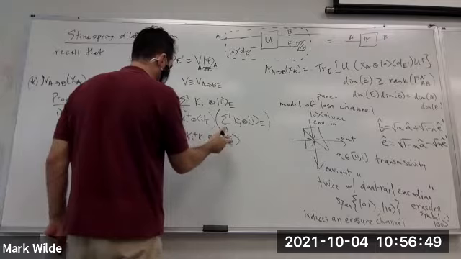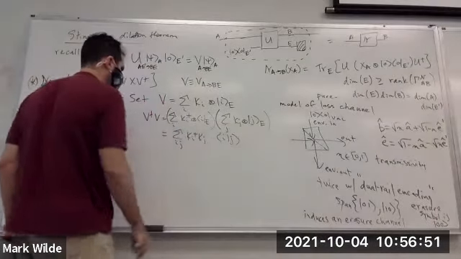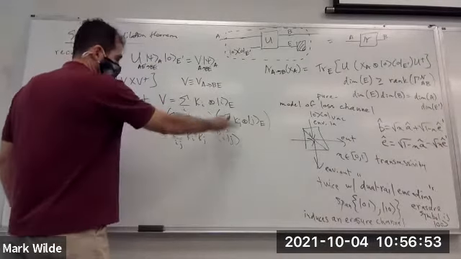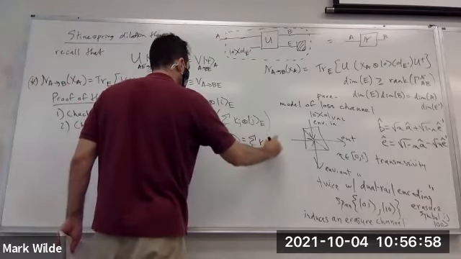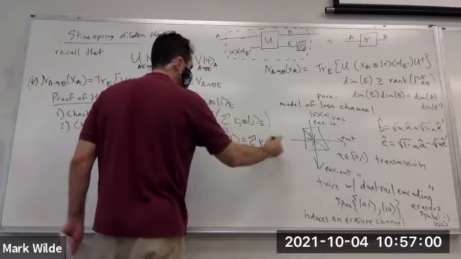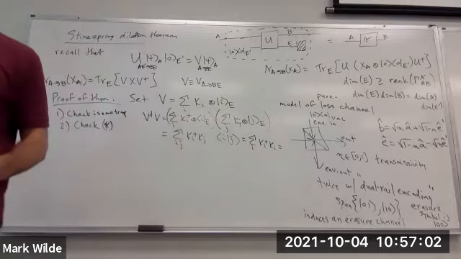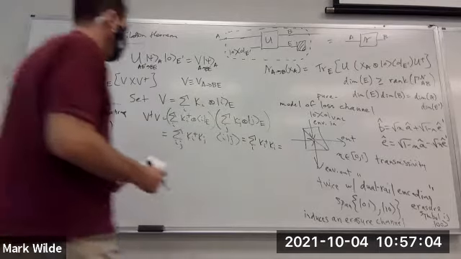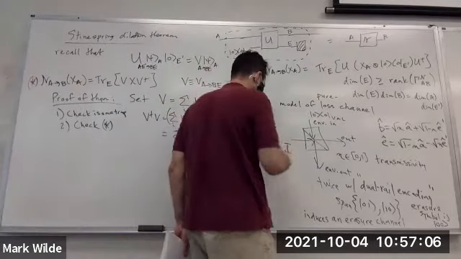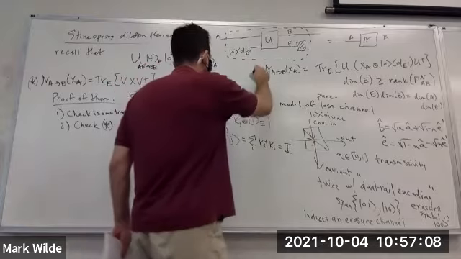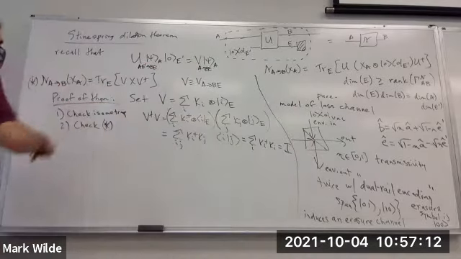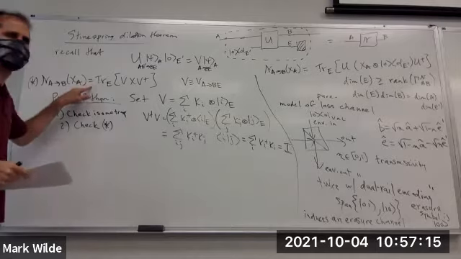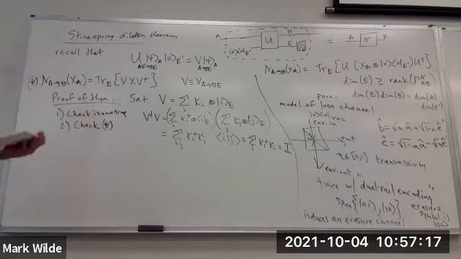Technically, this is a scalar, so the tensor product is the usual product. So that's a delta function, and then we get this. And then from the original assumption that N is a channel, this will sum to the identity. So that's the proof of part one.